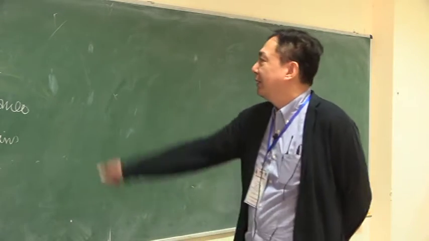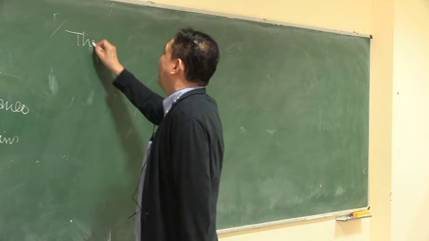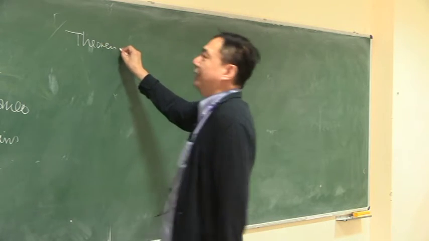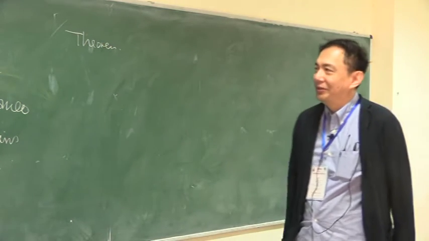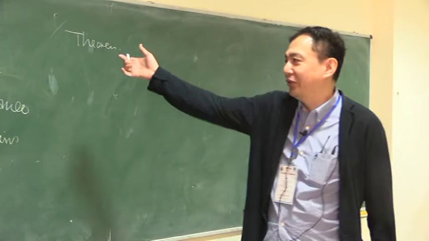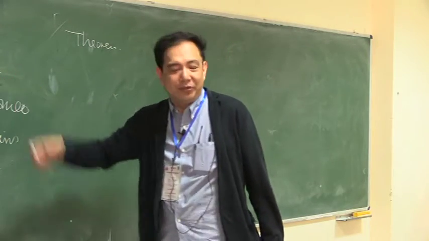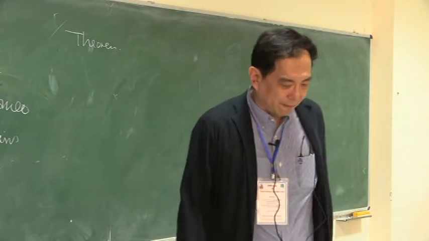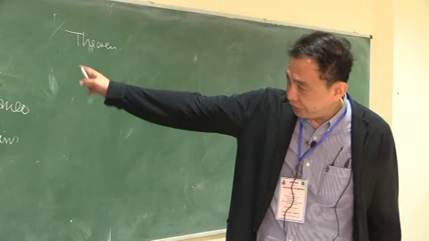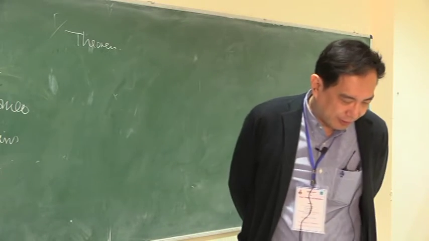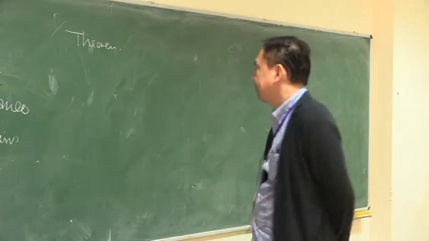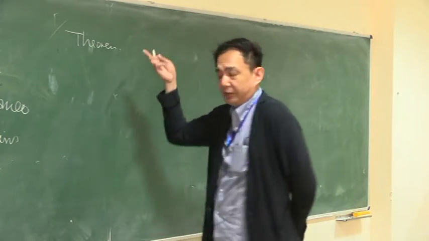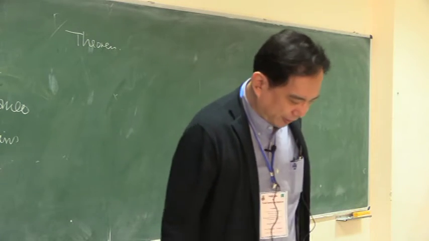And then I told you about another theorem, which is actually a part of this theorem, and it's a construction of a Teichmüller map. It's a construction of a quasi-conformal map from a holomorphic quadratic differential.